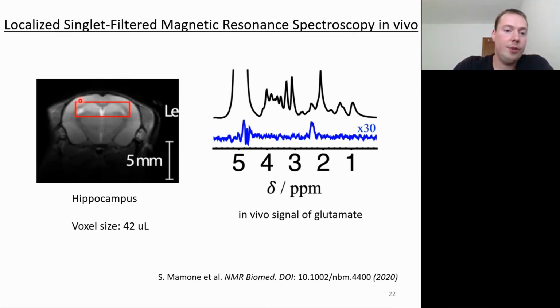And this red box is a voxel of about 42 microliters. And that's the hippocampus of this mouse. Here again, you see the nice wood of signals. And by applying this filtering technique, we're able to suppress all other resonances than the glutamate signal, which we were interested in at the time, and can use this as a filtering technique.